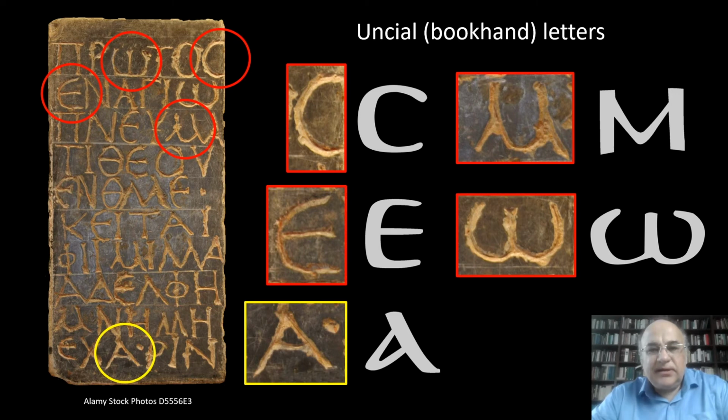These letters are called uncial or bookhand letters. But there is one exception. This is the alpha, which was apparently not written with the uncial character. Therefore, we could call the writing of this inscription semi-uncial.